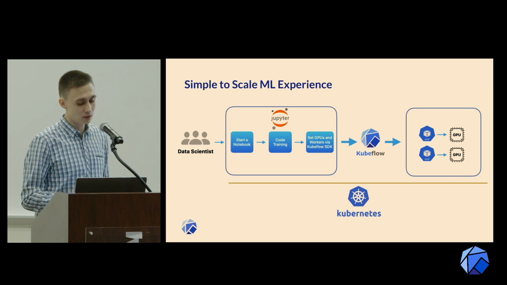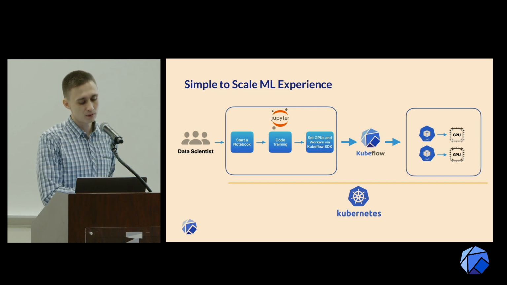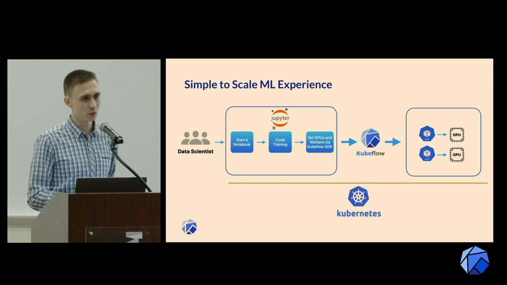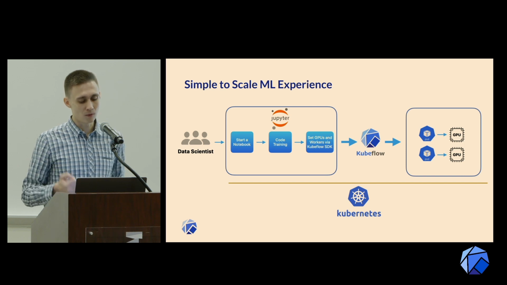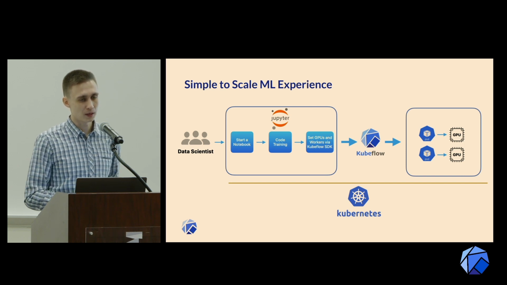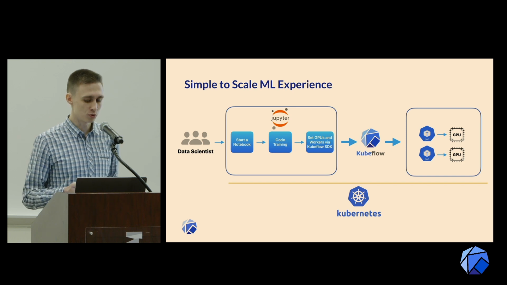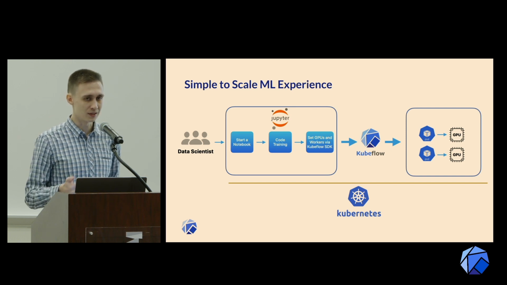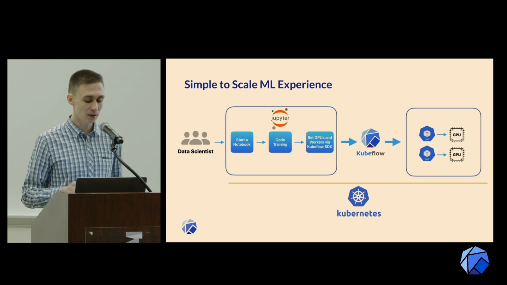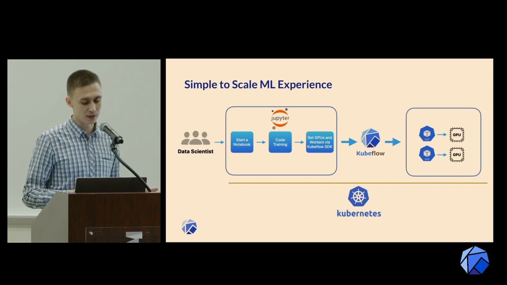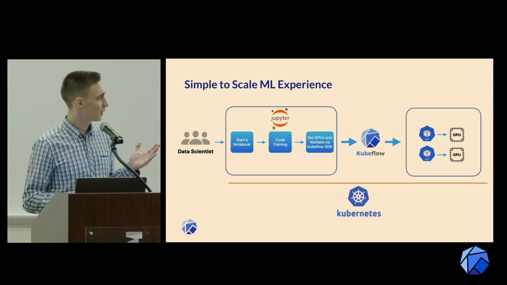So right now, many data scientists love Jupyter and they don't want to leave Jupyter. So basically, they want to just start a notebook. They want to code that training, and they want to specify number of GPUs, number of workers. And then they just start this job, and the job will distribute your training across multiple workers and do additional things to run this on Kubernetes and give the user access to the jobs.